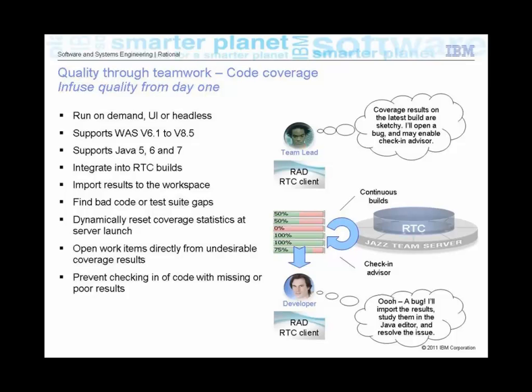The second piece, which I think is quite useful, especially if you've got agile teams, is that there's now a check-in advisor inside RTC, when you've got RTC in RAD, that allows you to specify a certain level of code coverage, and we can limit that on a particular component or particular stream, and you can switch certain classes on and off.